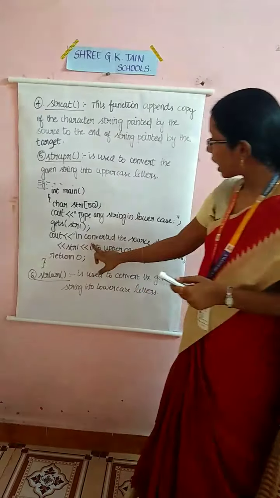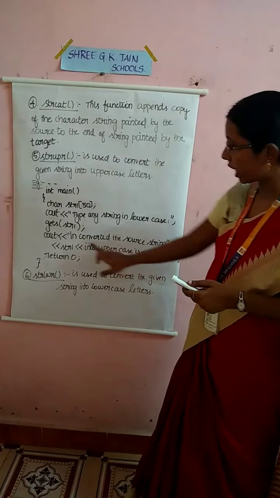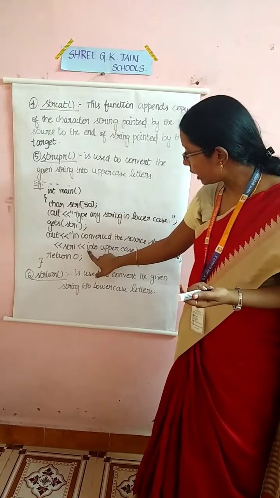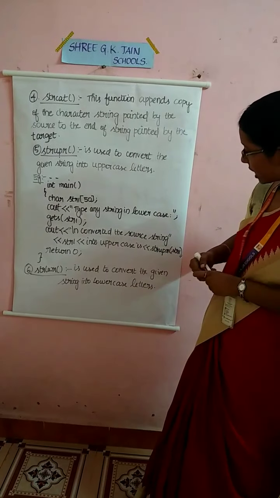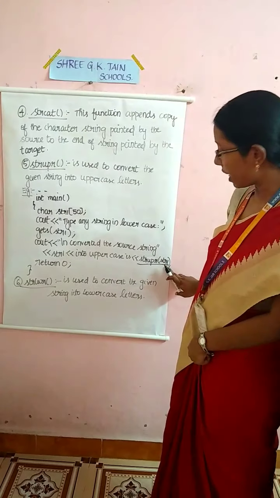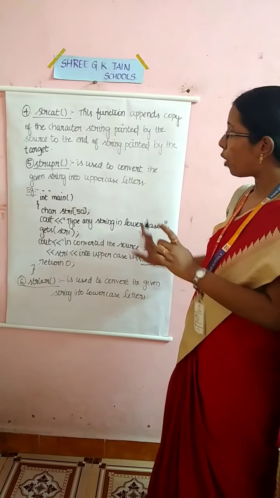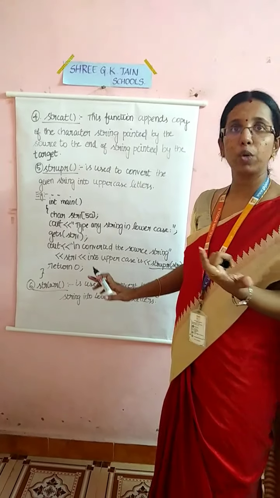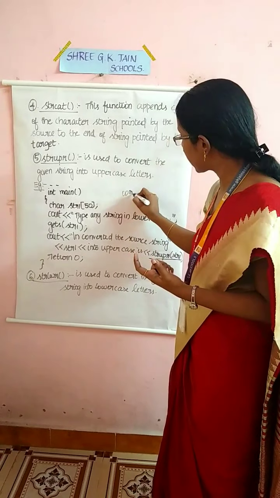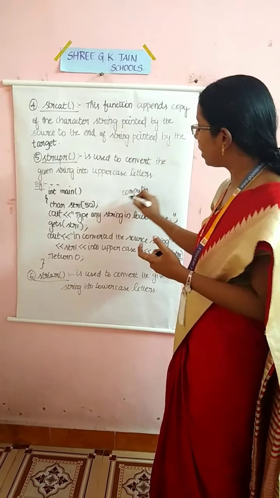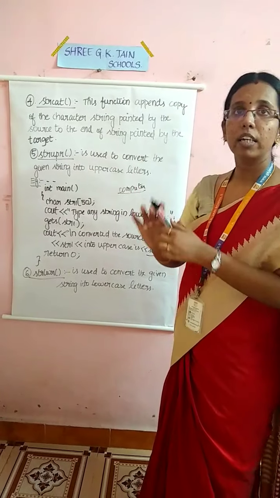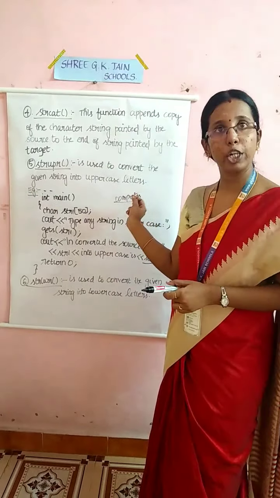Now cout the converted source string. You have to write the string the user gave in uppercase letters, and this is the function I am using here, strupr of str1. Whatever string is given by the user in lowercase, for example computer, it will convert each and every character in your string to the equivalent uppercase character.